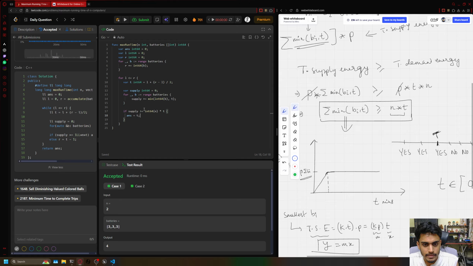So L becomes t plus 1, and else I will decrease my right to R equal to t minus 1. And finally I will return the answer.